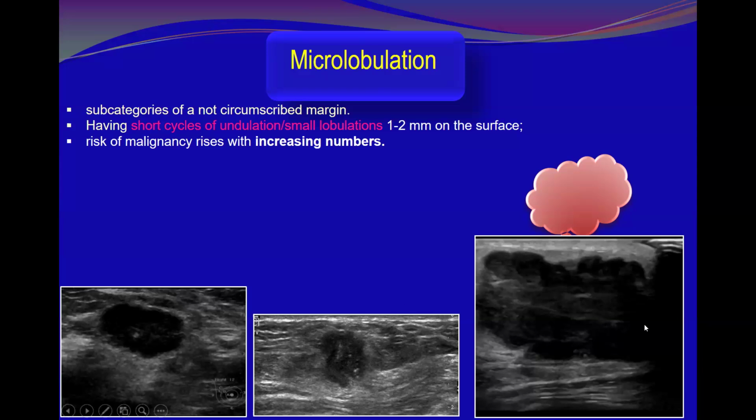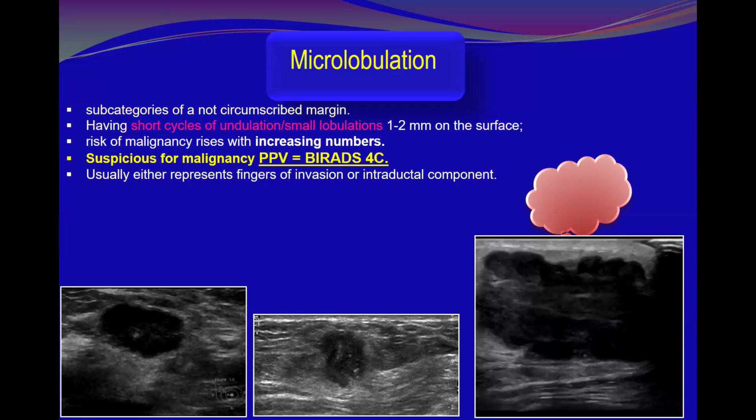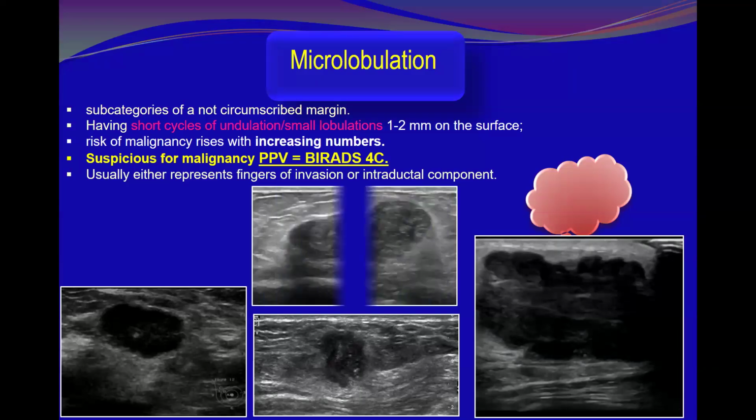These are my patients, proven to be breast cancers with microlobulations. As you know, it is a suspicious feature within the range of BI-RADS 4C, and usually either represents fingers of invasion or intraductal component, DCIS, or invasive part, the invasive cancer extending into the adjacent tissue.